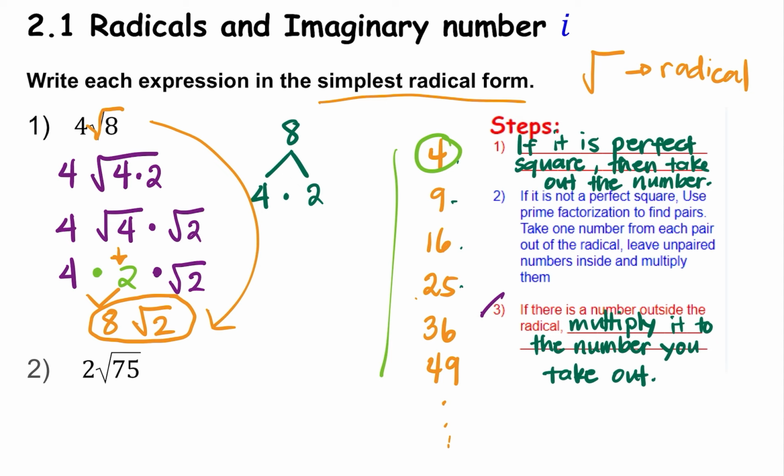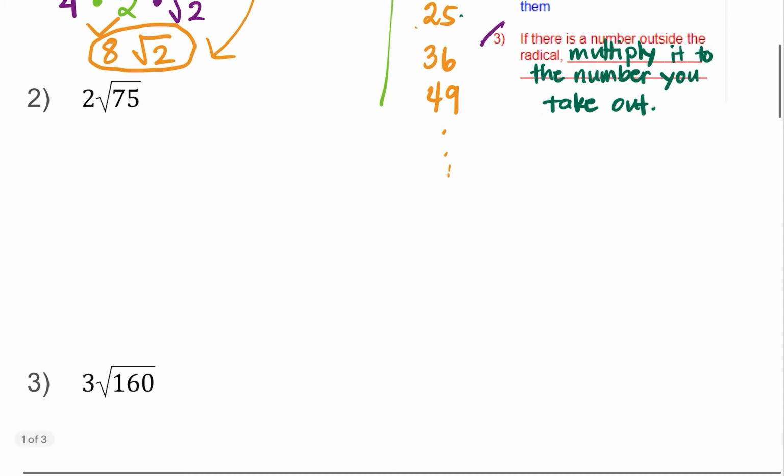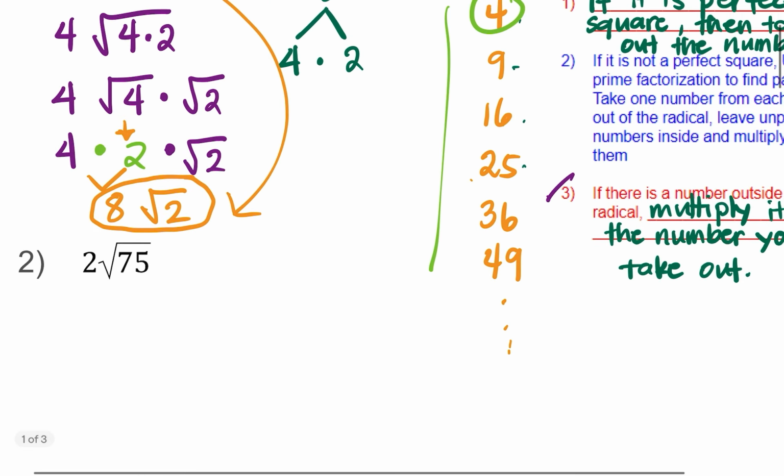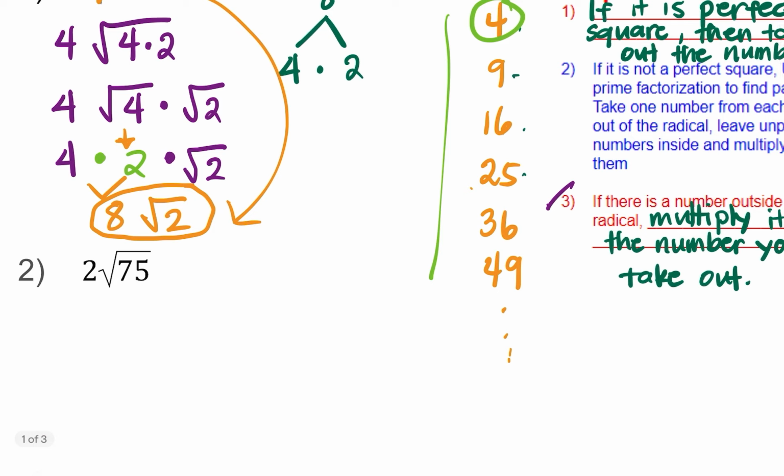Now, let's try this again. Let's try number 2. This time we have 75. Remember the perfect square numbers. So 75 is not divisible by 4, so we're crossing that out. 75 is not divisible by 9. Does not give us a whole number. 75 is not divisible by 16.